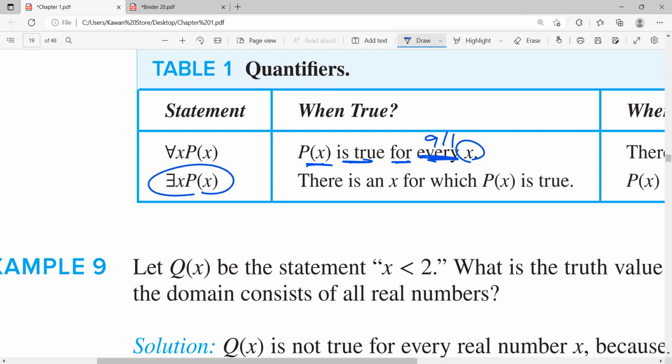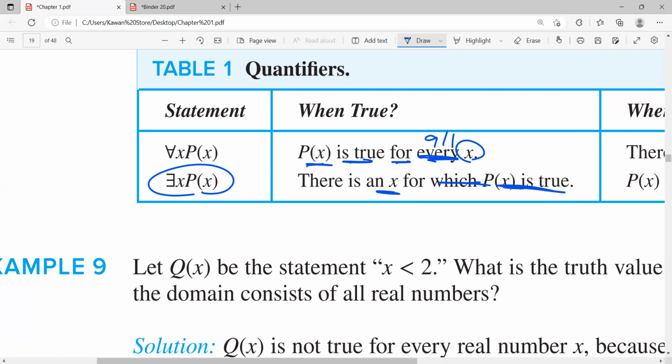How about that one? There is an X, one X, such that P of X is true. For example, this course is for both engineering and science computer students.